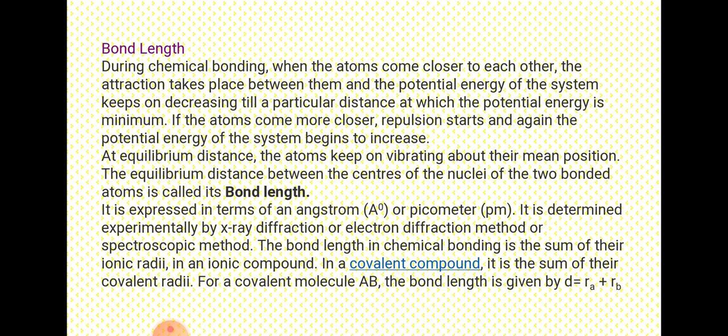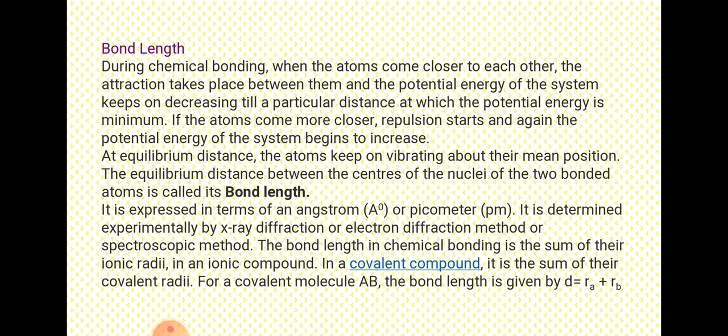During chemical bonding, when the atoms come closer to each other, attraction takes place between them and the potential energy of the system keeps on decreasing till a particular distance at which the potential energy is minimum.